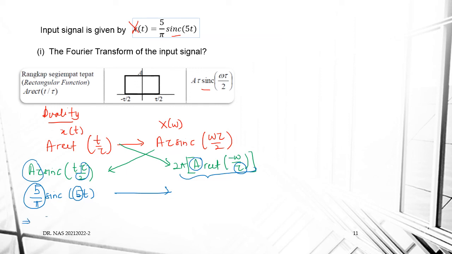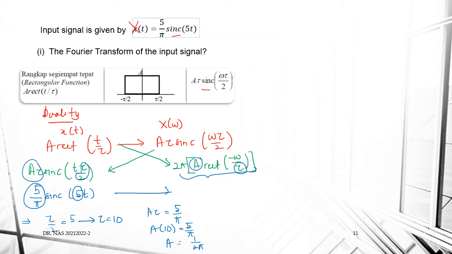So in this case, tau over 2 equals 5, therefore your tau equals 10. And then A tau equals 5 over pi, therefore A times 10 equals 5 over pi. So you can find A equals 1 over 2 pi.